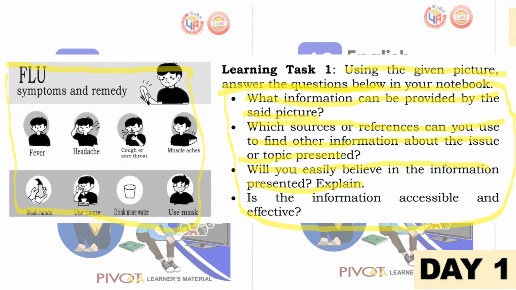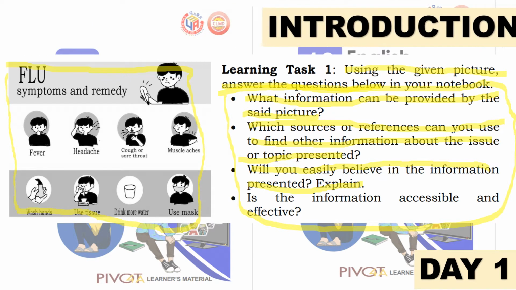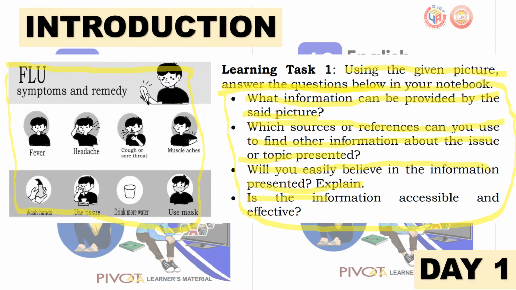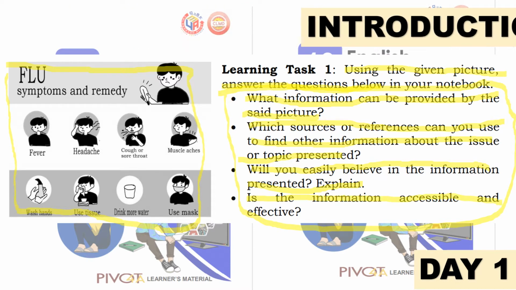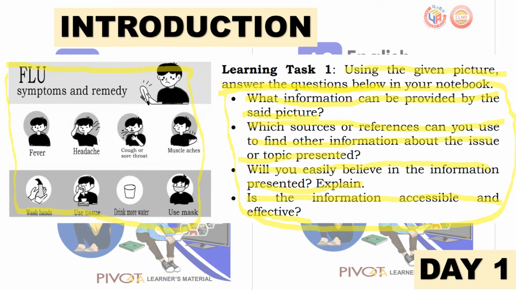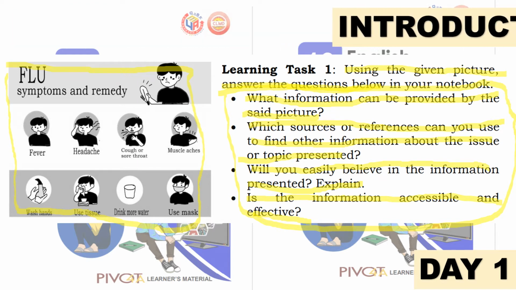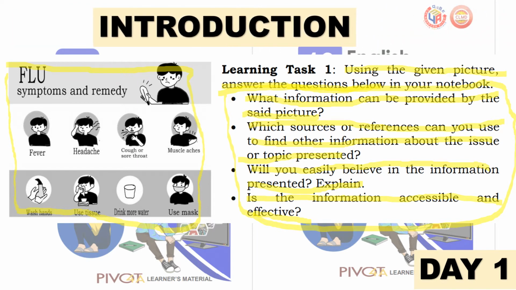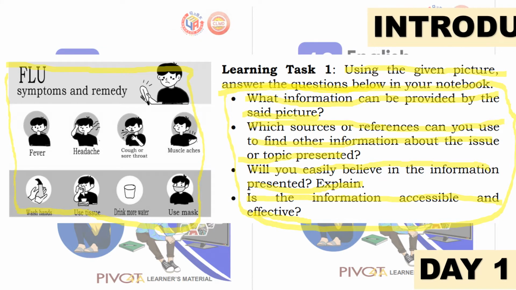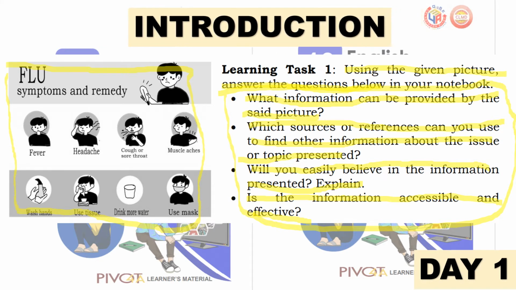Question number 4. Is the information accessible and effective? Accessibility pertains to the quality of being easy to find, obtain, and use.